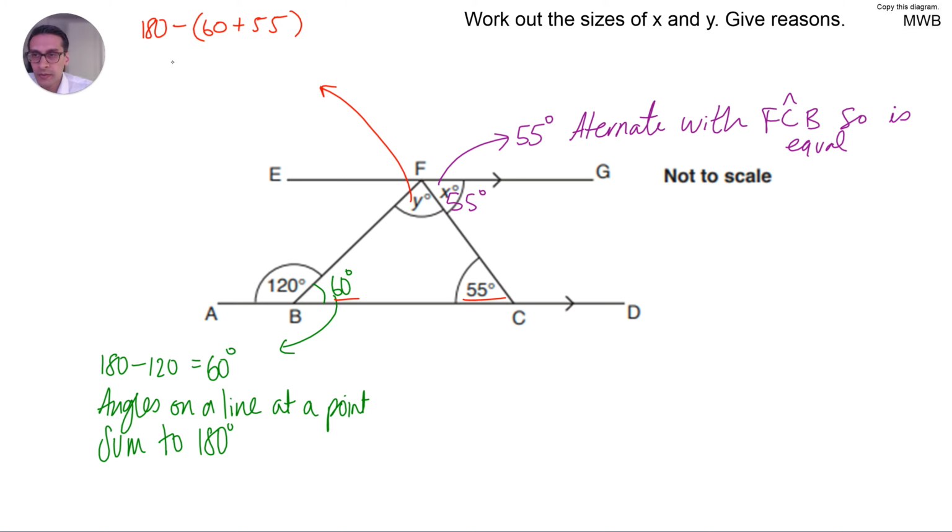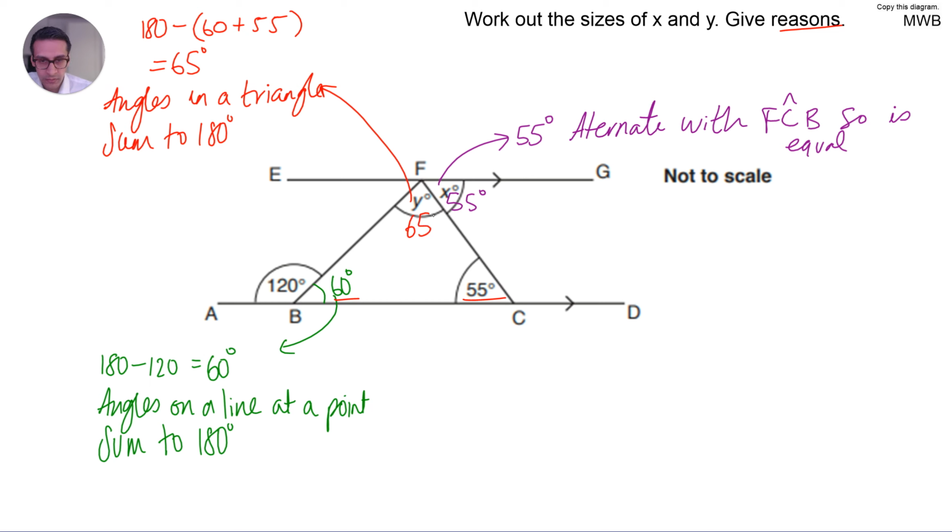That's going to give you 65 degrees. And then give reasons. So the reason is angles in a triangle sum to 180. So let's label that 65.